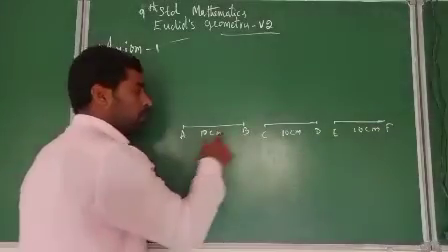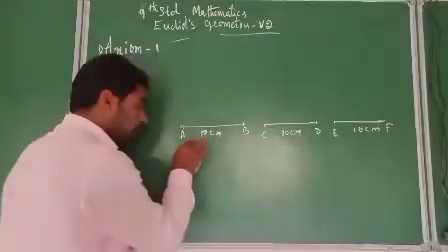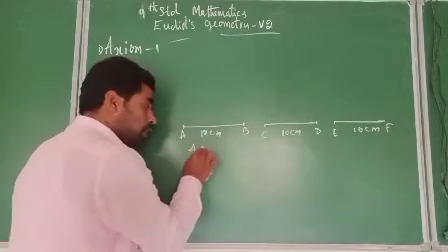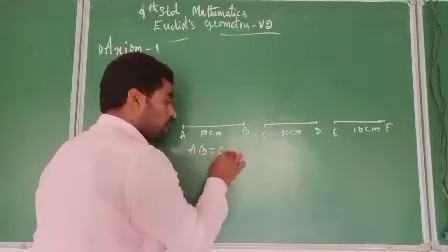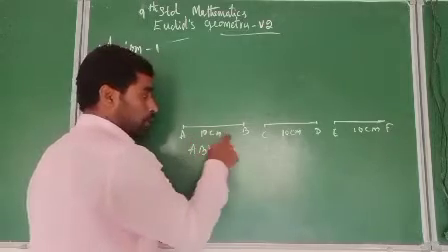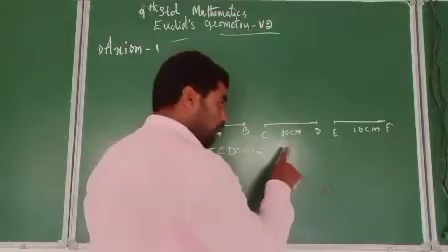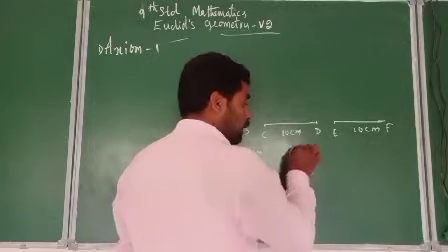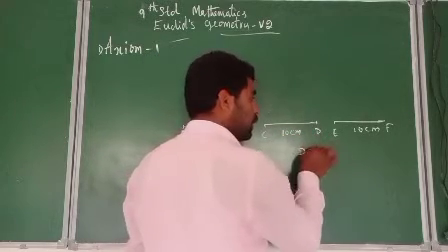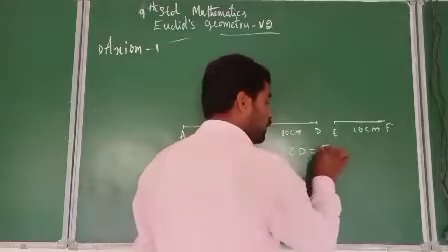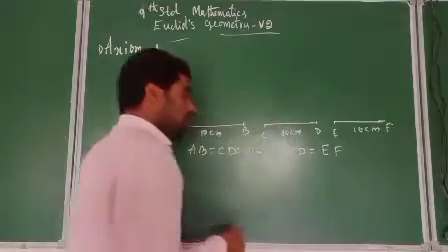While observing these 3 line segments, I can write the length of AB is equal to CD, all are equal to 10 cm. And also I can write the length of the line segment CD is equal to EF, which is also equal to 10 cm.